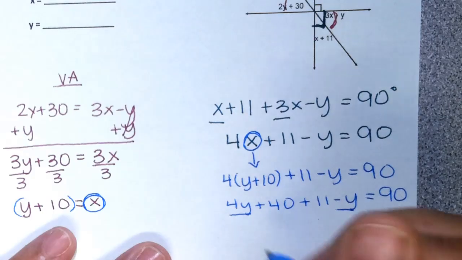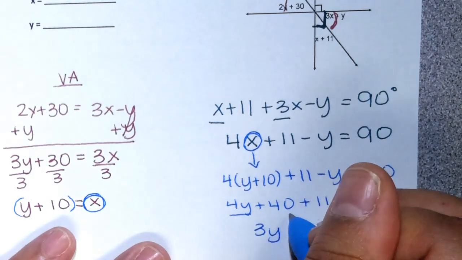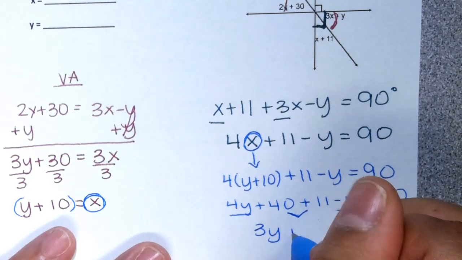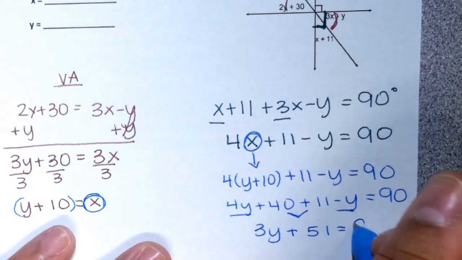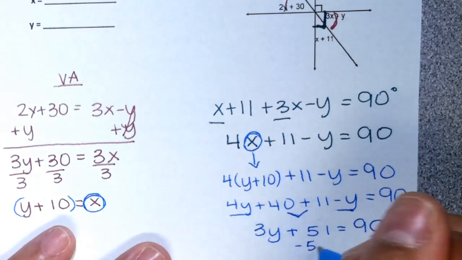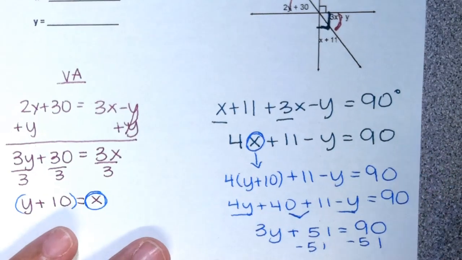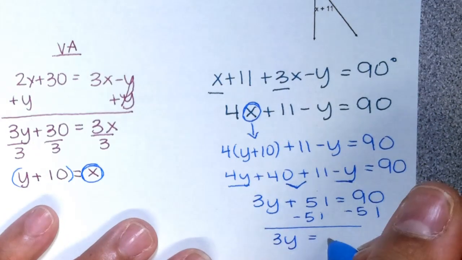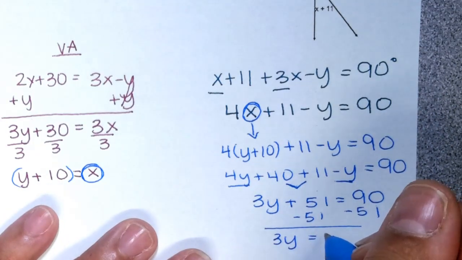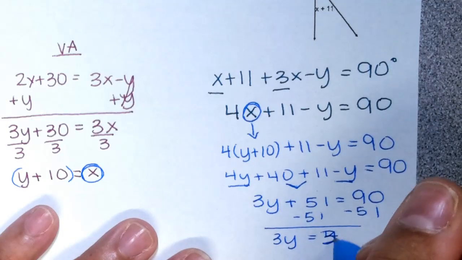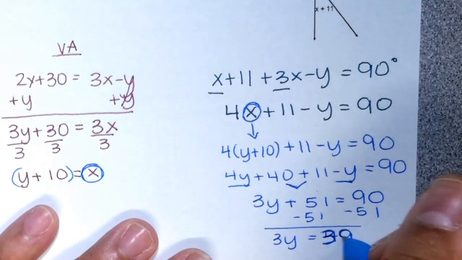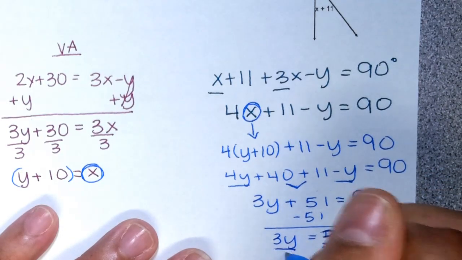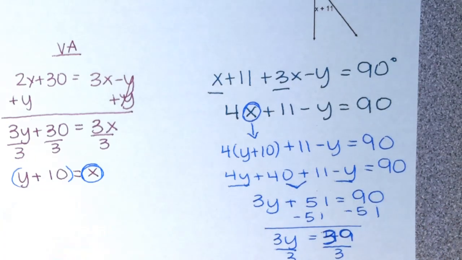Okay, then I'm 4y minus y is 3y. And 40 plus 11 is 3y. It's a lot of work. Is that 49? 39, thank you. 90 minus 51.